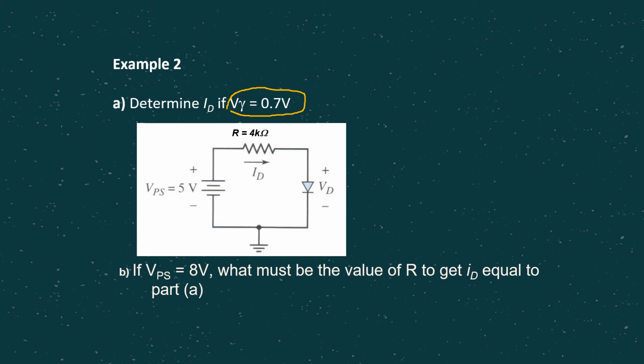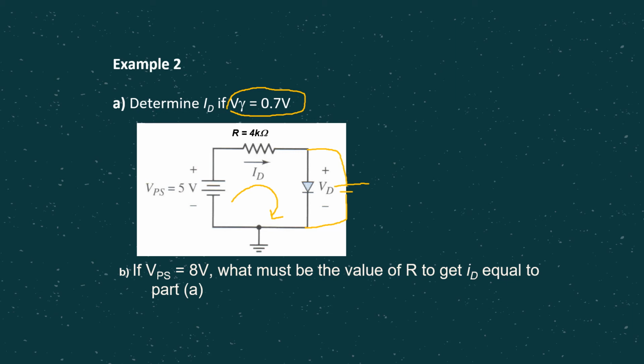So this diode can be represented with V gamma. The same as we discussed before, we can do KVL to find the ID value: minus VPS plus IDR plus 0.7 equals 0. So from there you are going to get ID.